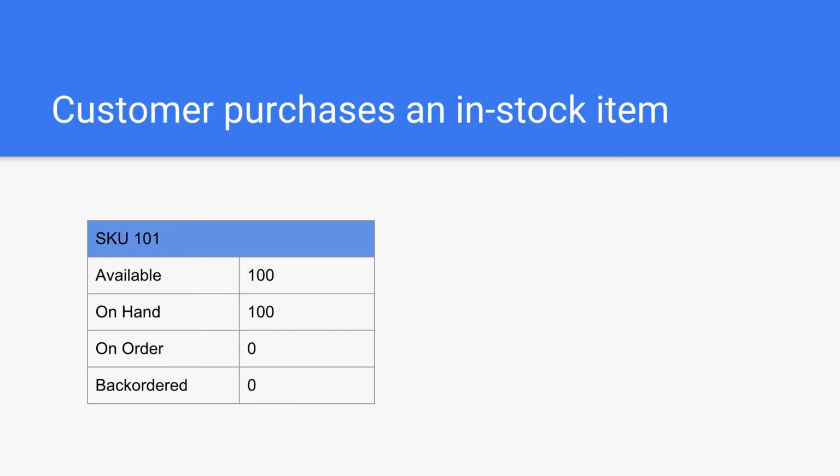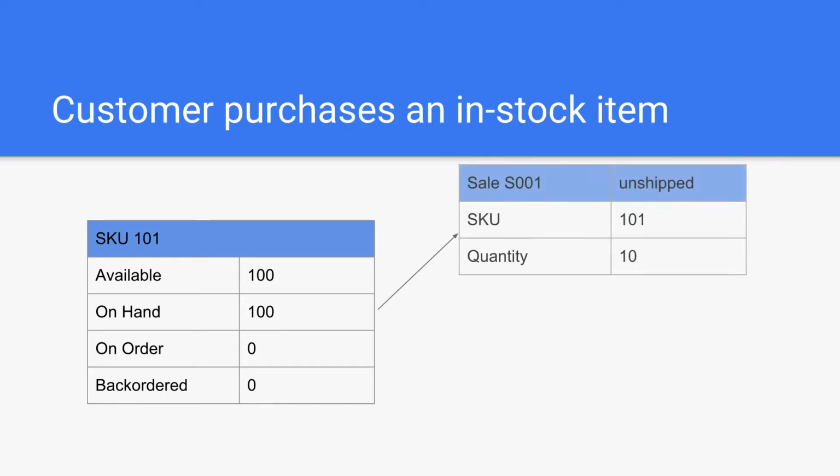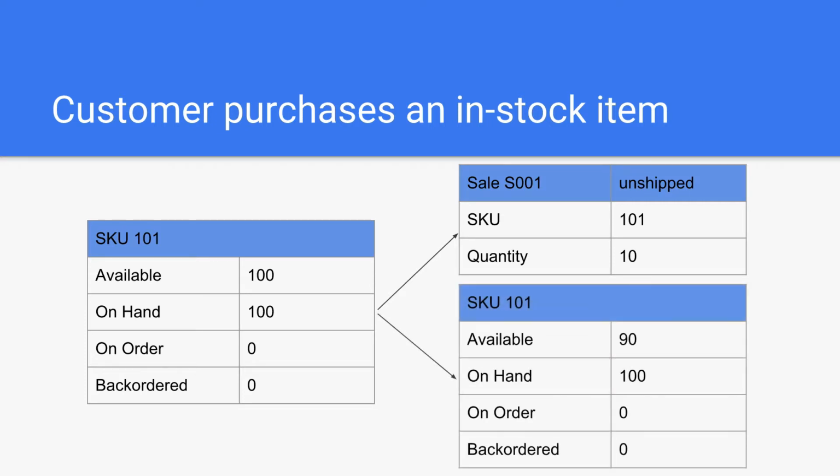First, if a customer purchases an in-stock item, we'll create a sale order for that. And this is for SKU, or stock keeping unit, number 101. So customer orders 10 of them, and so that sale is unshipped, and we'll also update our inventory for that SKU. So our available gets decremented by 10 and our on hand doesn't change.